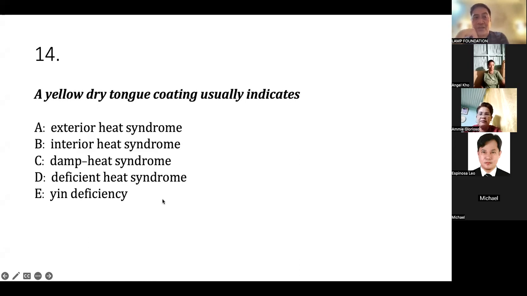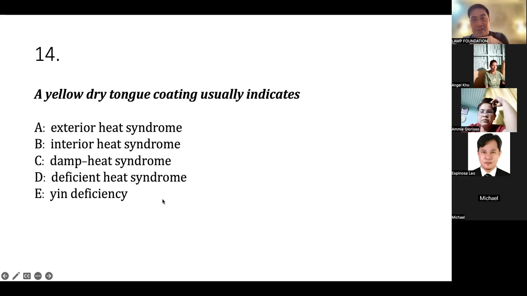Okay. Can you describe the tongue in exterior heat syndrome? Yellow dry tongue, interior heat syndrome. So definitely red. Exterior heat, or red lang yung isang part lang? Do not be confused. When you talk about the tongue coating, you're actually talking about the central part already.